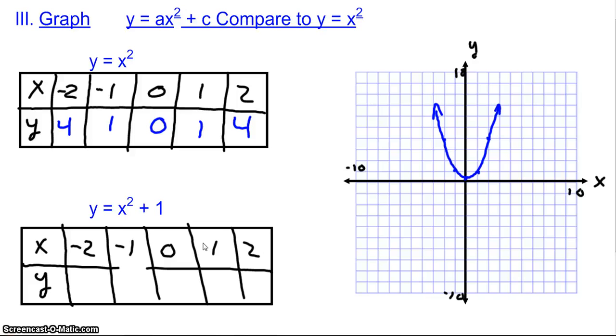So when we plug in 0 here, 0 squared is 0 plus 1, 1. Let's plug in 1. 1 squared plus 1 is 2, good. We plug in 2. 2 squared plus 1, good, 5. We plug in negative 1. Negative 1 squared plus 1, 2, good.